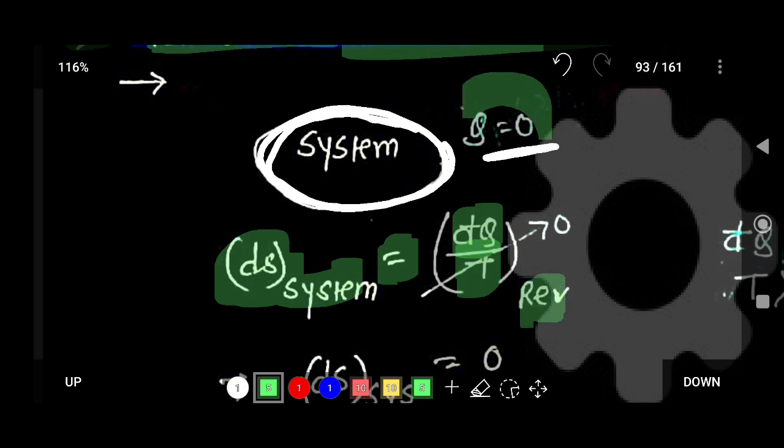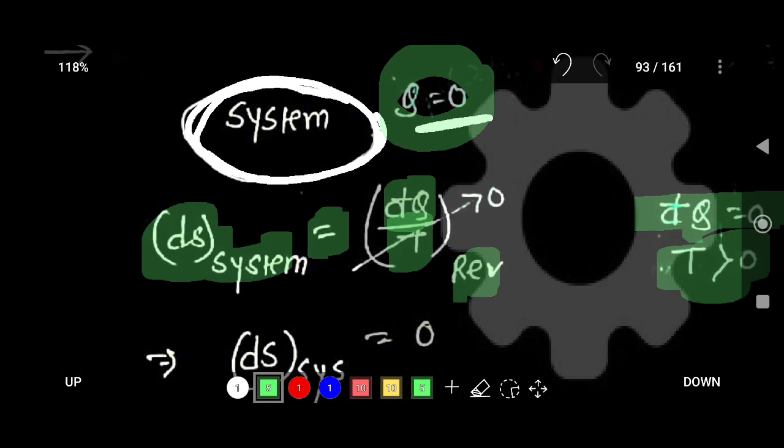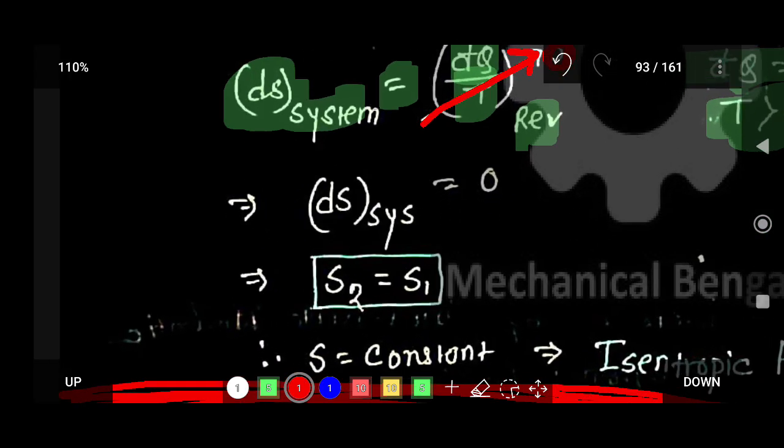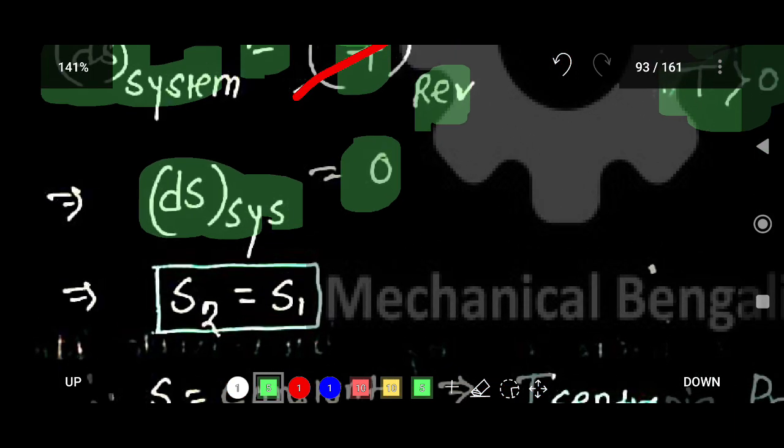As heat is not transferred, delta Q equals 0, and T of the system is greater than 0. As delta Q equals 0, dS of the system equals 0.